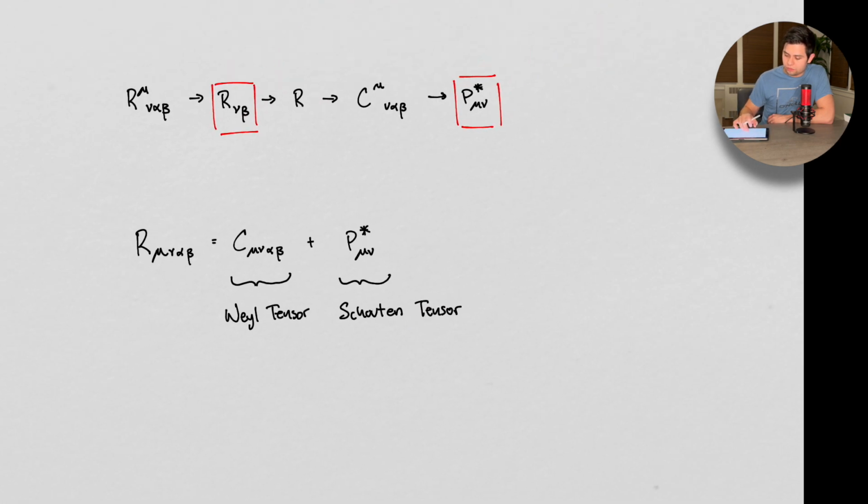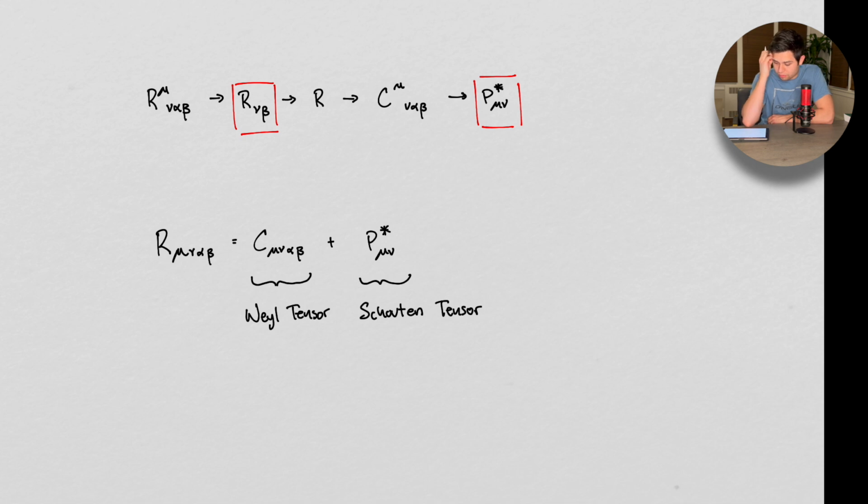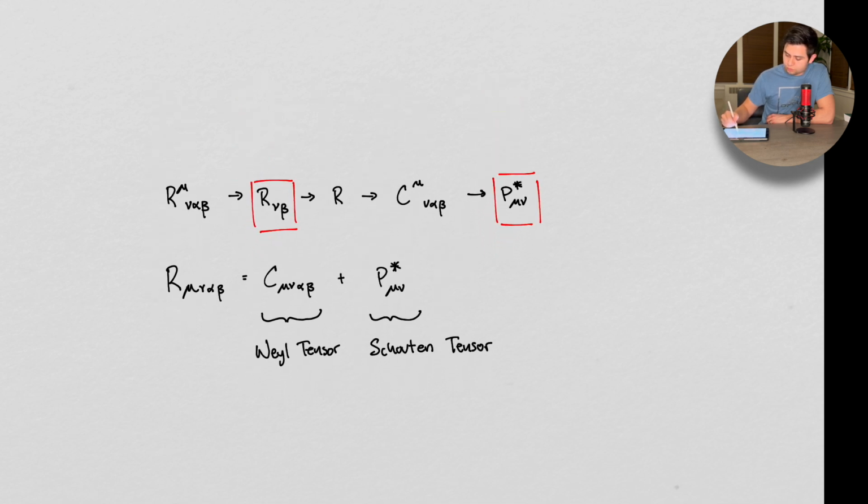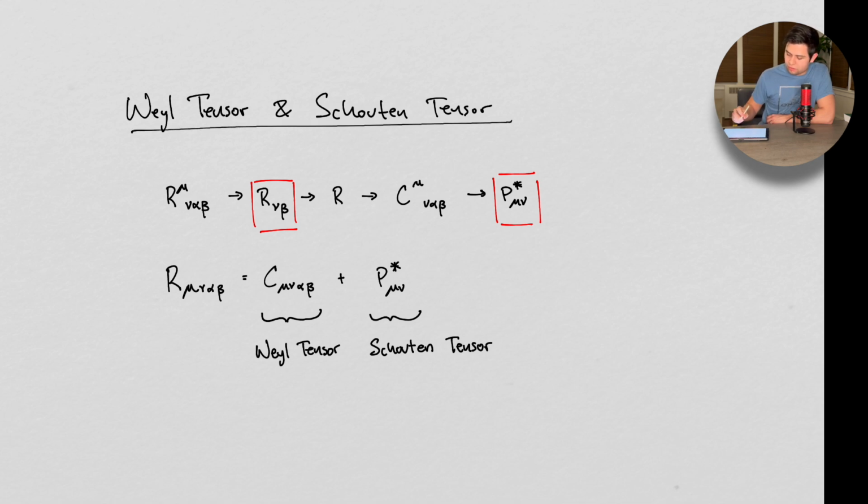The kind of advanced stuff I want to start off with is talking about the Weyl tensor. The Weyl tensor and the Schouten tensor are the first two I want to go over. We're going to spend some time on these two tensors.